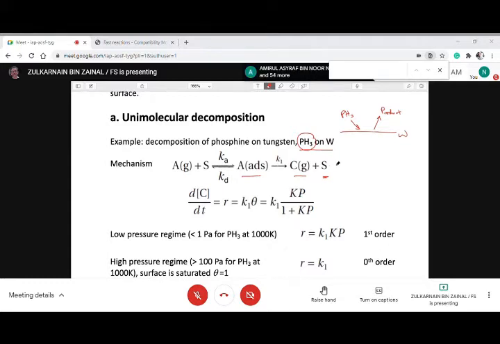For example, in this case, if it is phosphine, then A is phosphine, and S is the tungsten surface. Then we can write the equation involved here based on the Langmuir adsorption process.